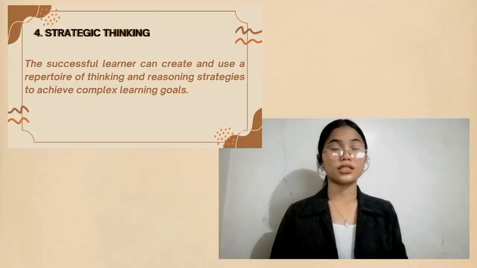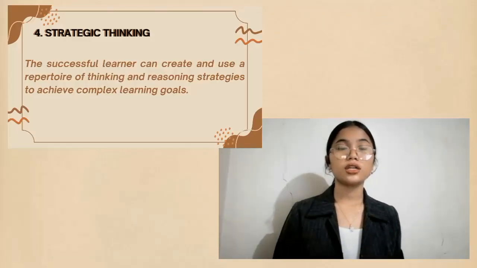The construction of knowledge is an active process that happens through individual and social engagement. In other words, it is a process by which learners actively build their understanding of a topic or concept through exploration, reflection, and interaction. Strategic thinking.